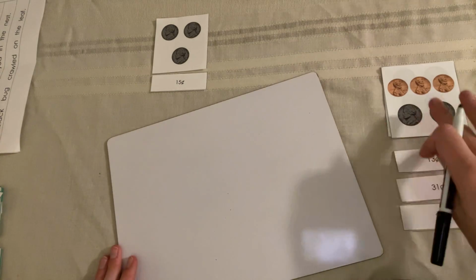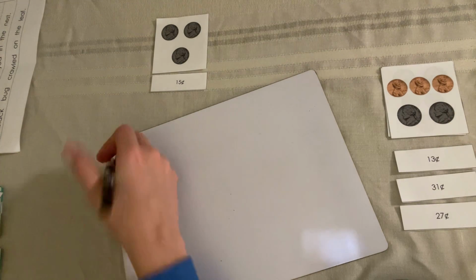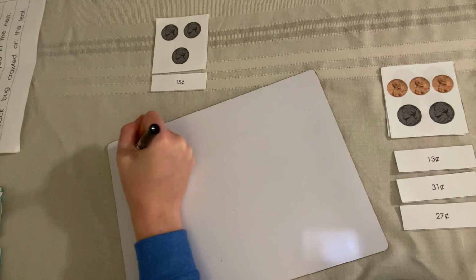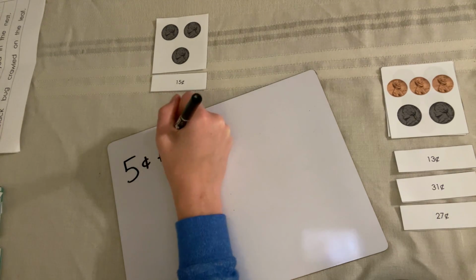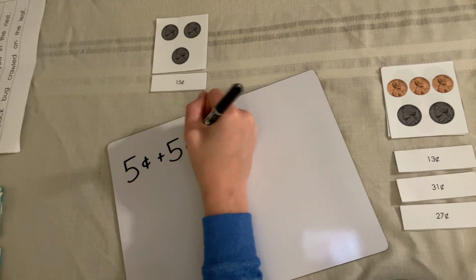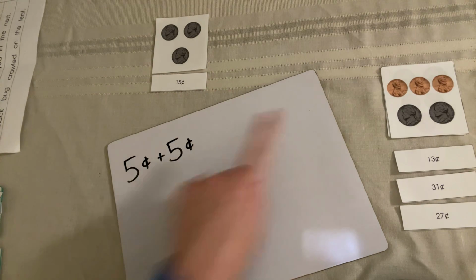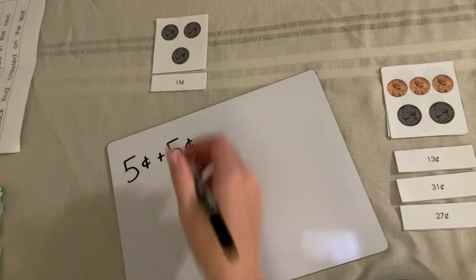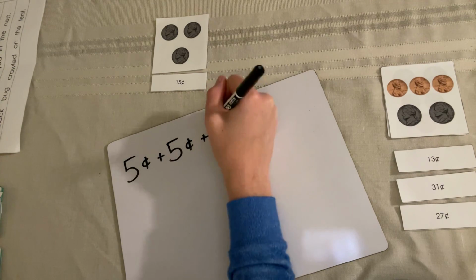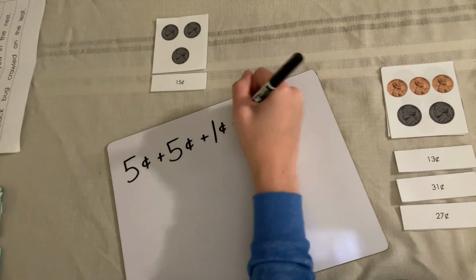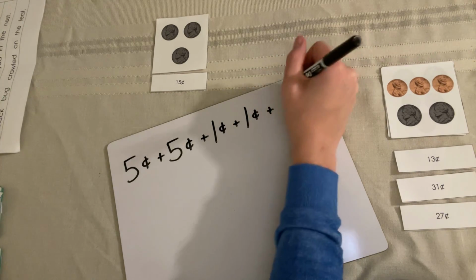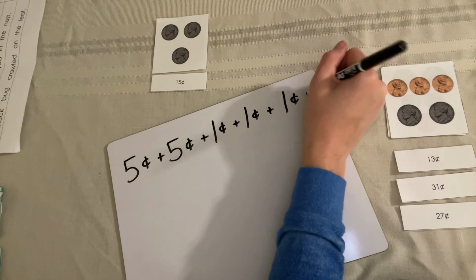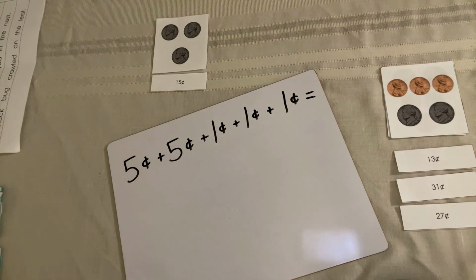Okay, next I'm going to look at this picture. I'm going to start with the larger coin amount. 5 cents plus 5 cents. That's the 2 nickels. And now 3 pennies. Plus 1 cent, plus 1 cent, plus 1 cent equals.